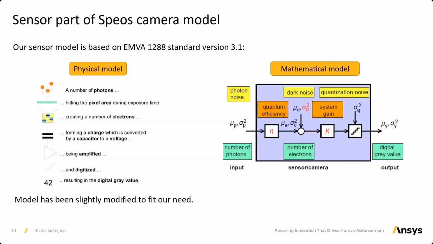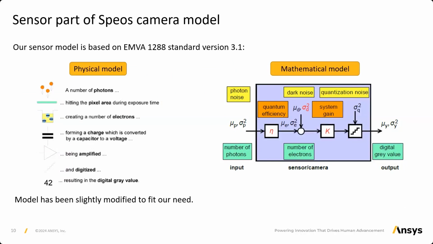Then, if we talk about the sensor parts of this camera model, the sensor part is based on the standard that is named EMVA 1288. That describes actually the physical model through a mathematical model. And the way we actually account for this standard in Speos is mainly the other way around.